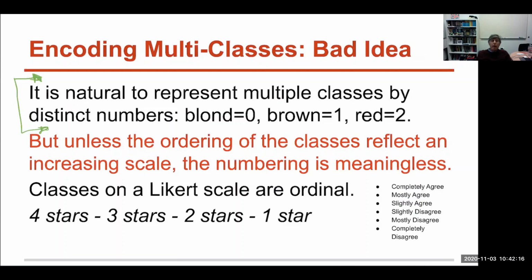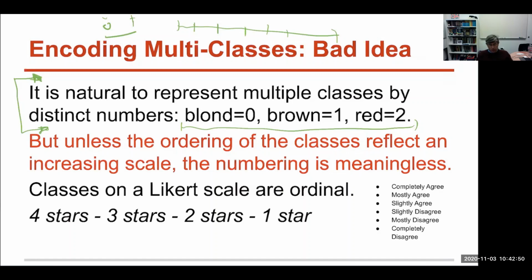A natural way to try to deal with it that turns out to be a bad idea is to represent the different classes by, again, right now with logistic regression, we got a lot of mileage from labeling the positive examples 1 and the negative examples 0. A natural generalization of this would be to have one variable that encoded multiple classes by distinct numbers.